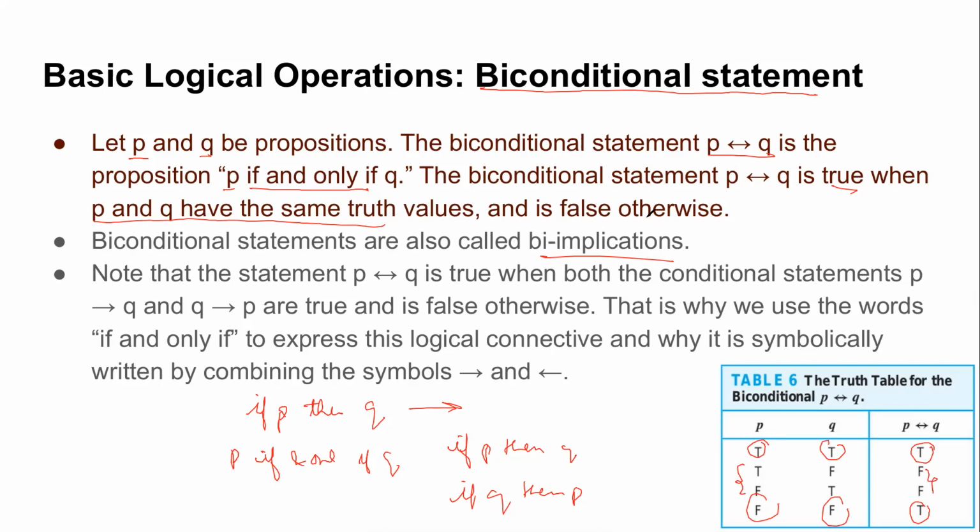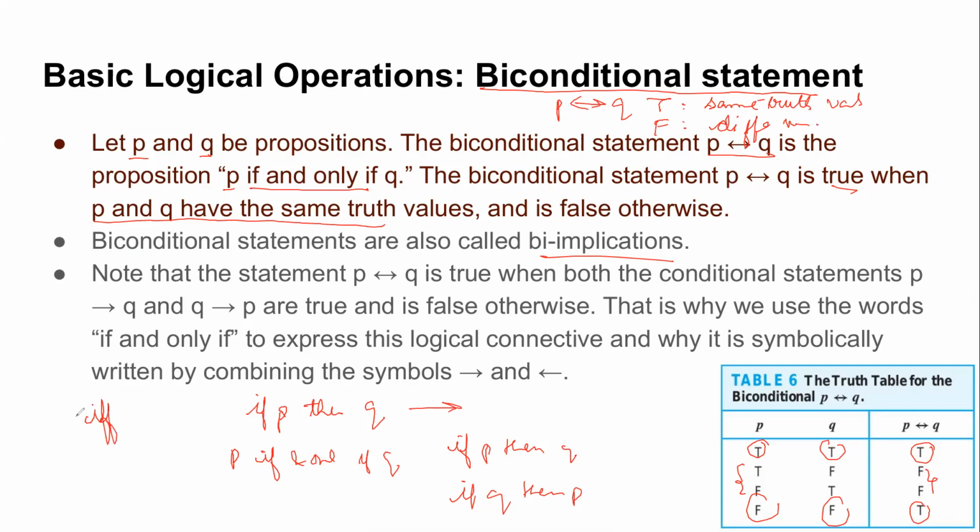A biconditional statement between two propositions is always true when the two have the same truth values, and it is false when they have different truth values. Sometimes it's also known as if and only if.